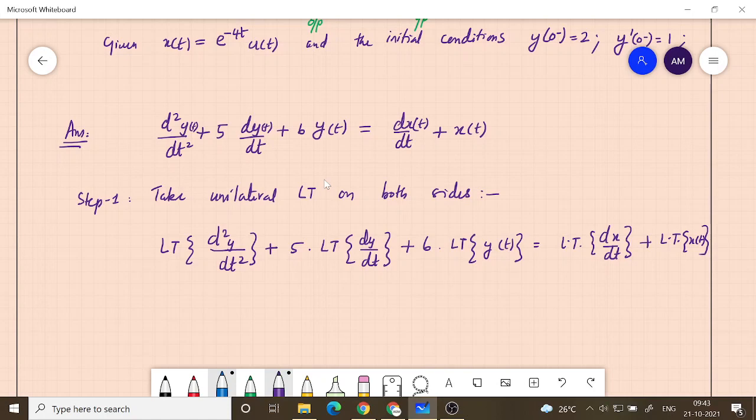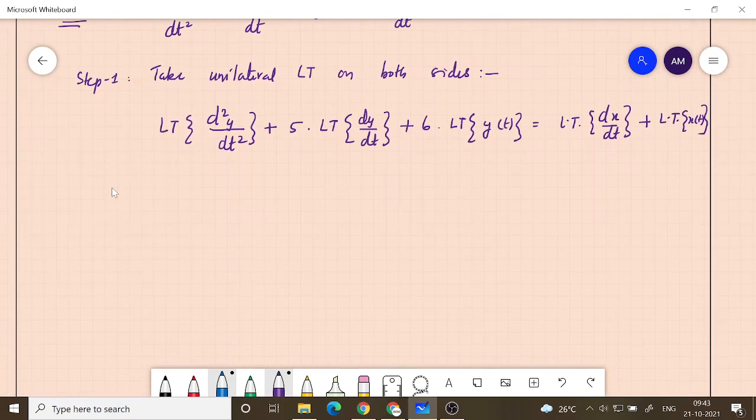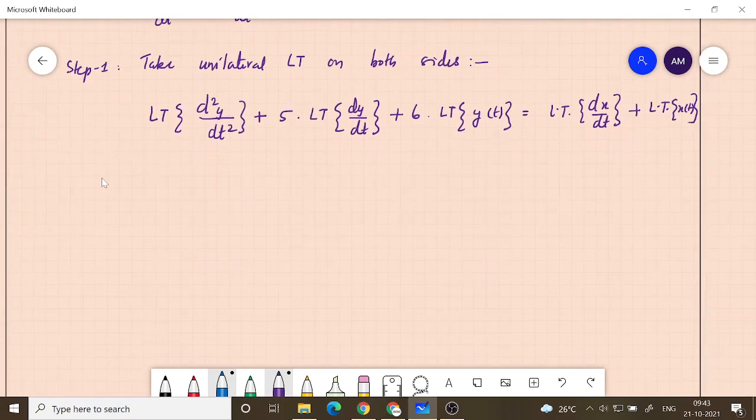Now we are going to use the property that we have studied, and let me rewrite it here. If you have a function, say f of t, this is just a general result I am writing, and when you take the Laplace transform, you will write it as capital F of s.